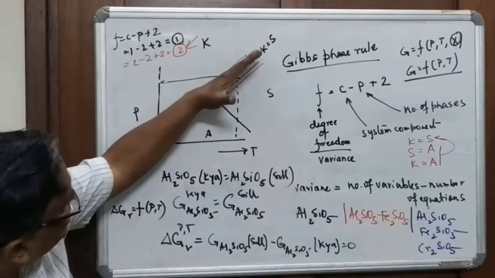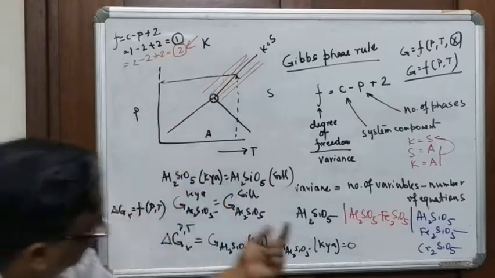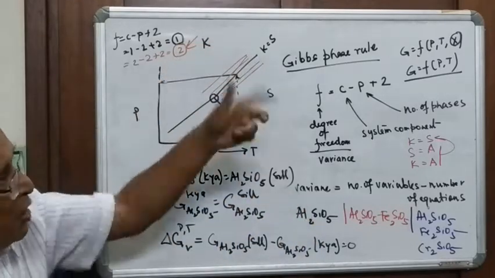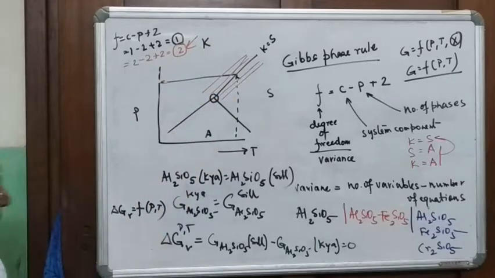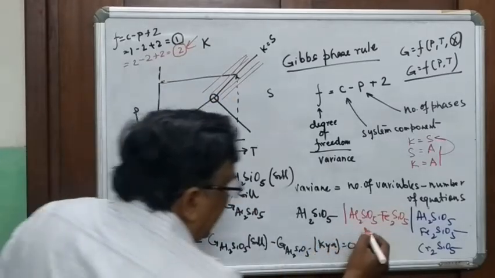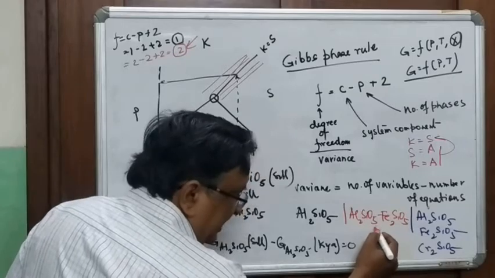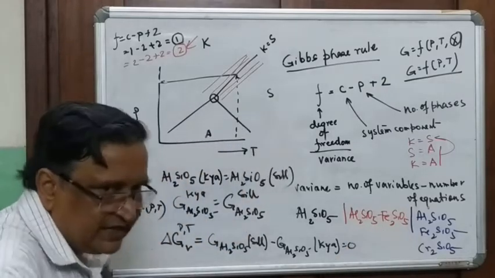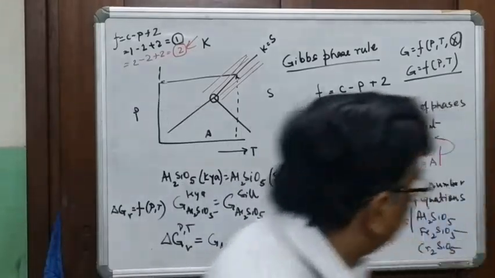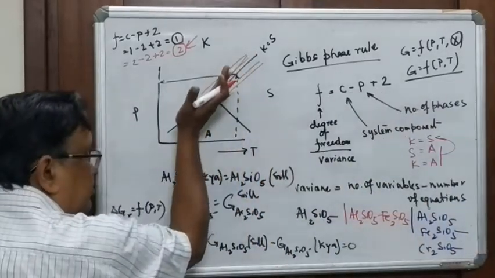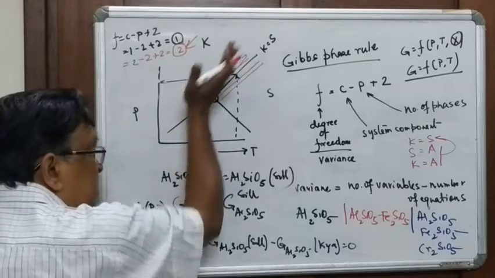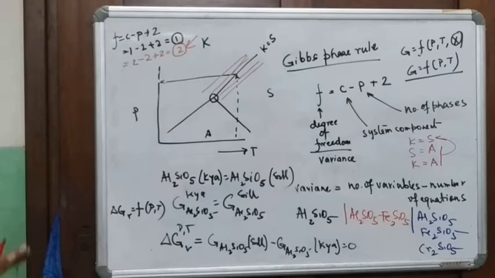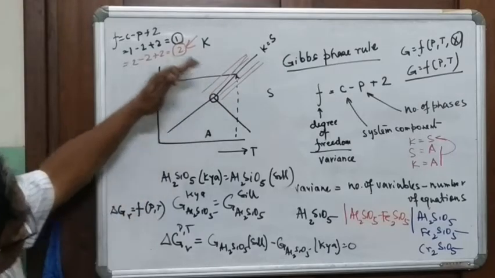Its position, which was unique for the black pen, now moves over space because of additional variables. What are the variables? XAL kyanite, XAL sillimanite, XAL andalusite. So the position of this reaction is not unique as in the black one. The position is changing.